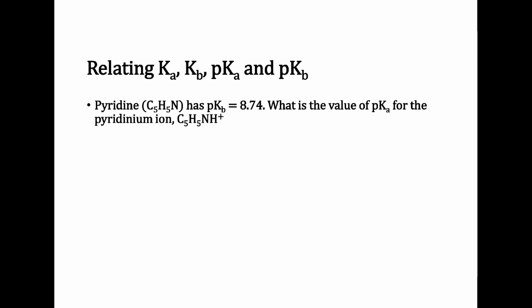So on this last example, what we want to do is look at pyridine, and the pKb is given to you. It's 8.74. And then it asks, what is the value of pKa for the pyridinium ion? So in this case, we know that pKa plus pKb is equal to 14.